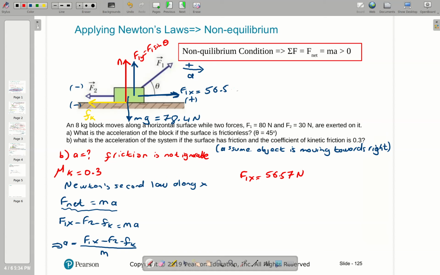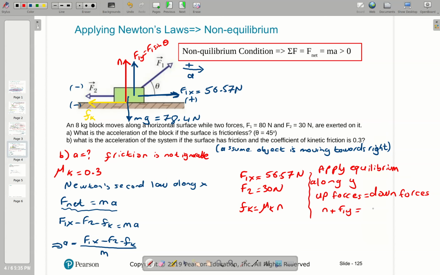Total Fy is equal to 0. Okay, shortcut, and it's pretty easy to see what the forces up are: N and F1y. So N plus F1y is equal to the down force mg. Now I can solve for N. I'll take this F1y to the other side. The normal force is equal to mg minus F1y. What is F1y? Let's solve it right over here.